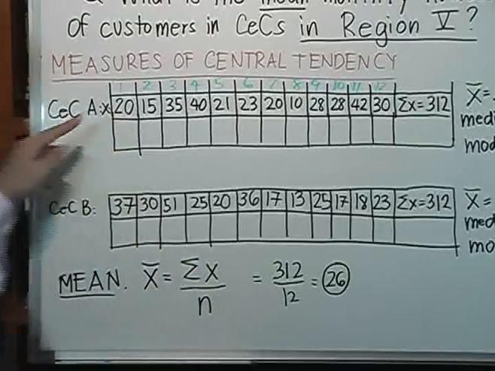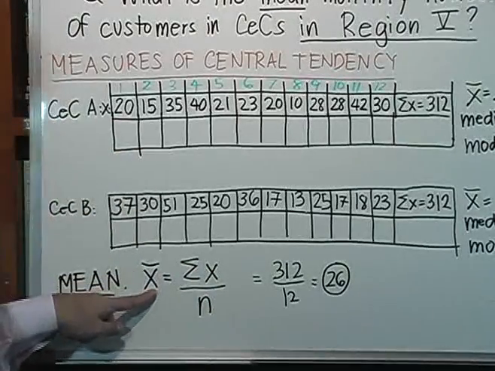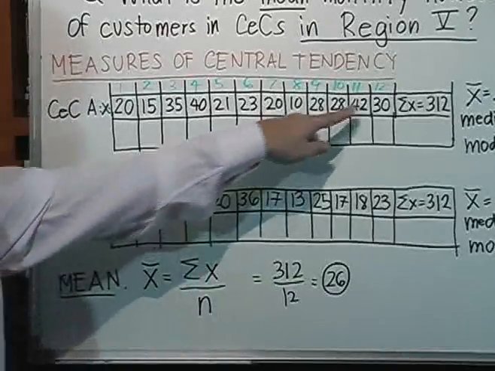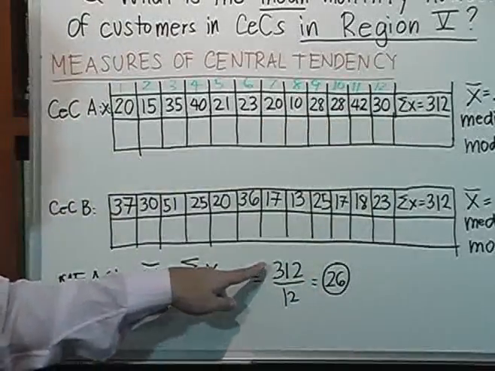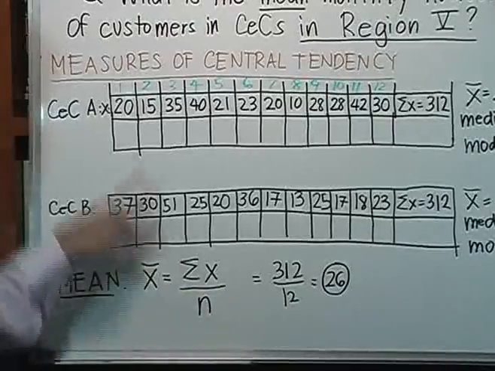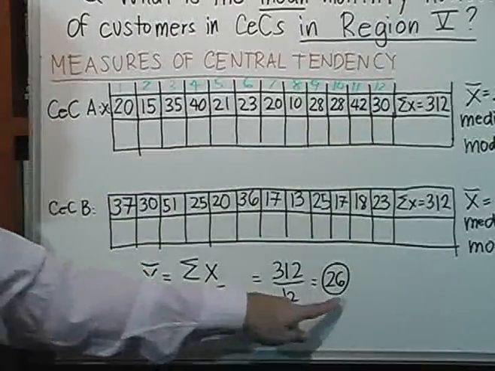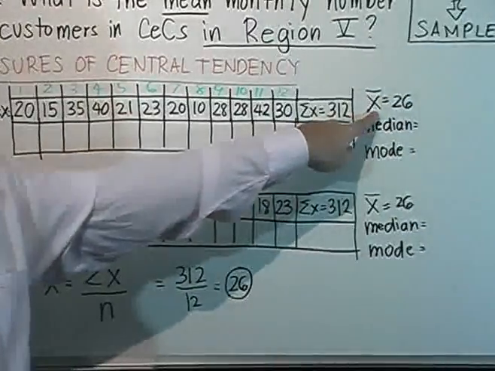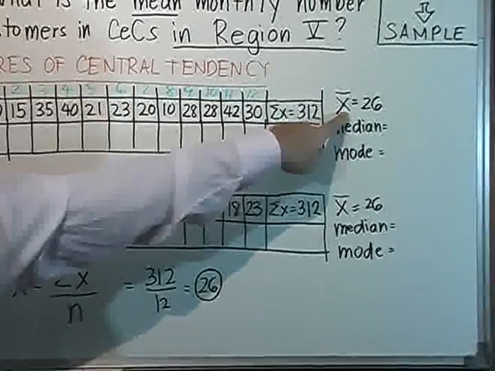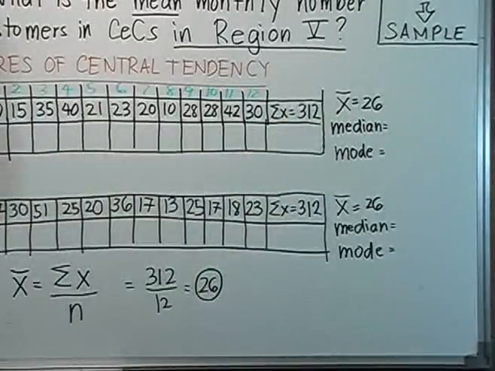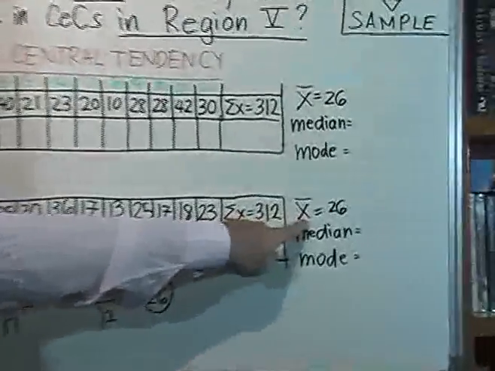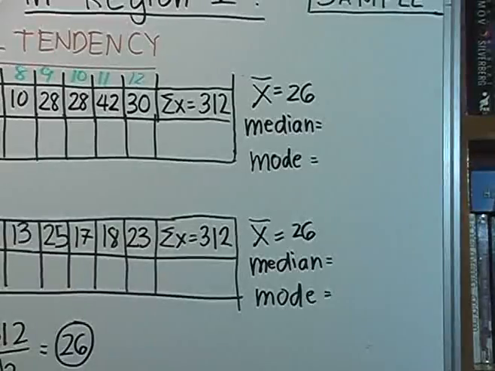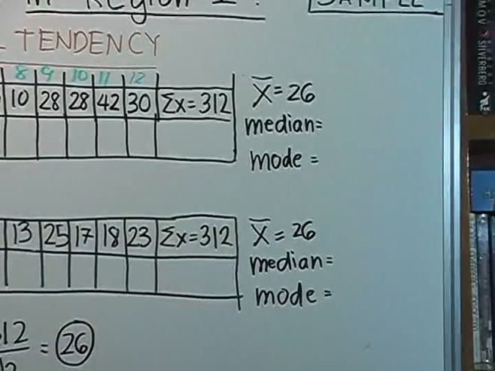So for CEC-A and CEC-B, you have the same mean. You put the summation of x here, which is 312, and then you divide it by 12, which is the number of observations, and the answer is 26. So x bar, or the mean number of monthly customers in CEC-A for 1 year is 26, and the mean number of monthly customers in CEC-B is also 26.